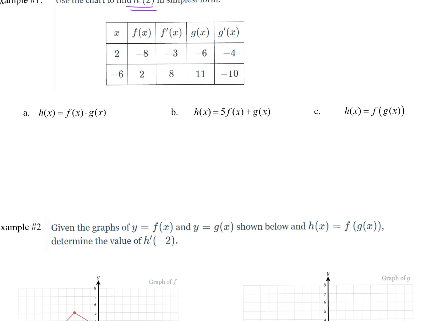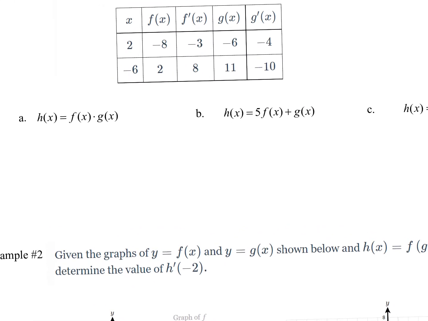For the first one, they define that h of x is equal to f times g. But I need the derivative. In order to find h prime of 2, I need to know what h prime of x is. Since these two functions are being multiplied, I'm going to be using the product rule.